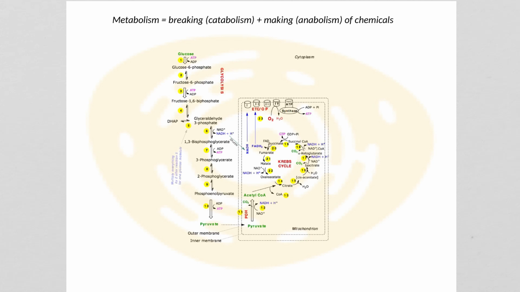In each one of these cell types, there is metabolism. We continuously break down chemicals, what we call catabolism, as well as make chemicals, what we call anabolism. And all this is very important for the survival of the cell. Without enzymes, these reactions would be very, very slow, so slow that the cell would not be able to survive.